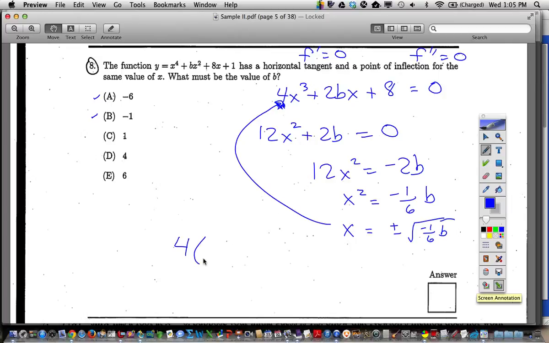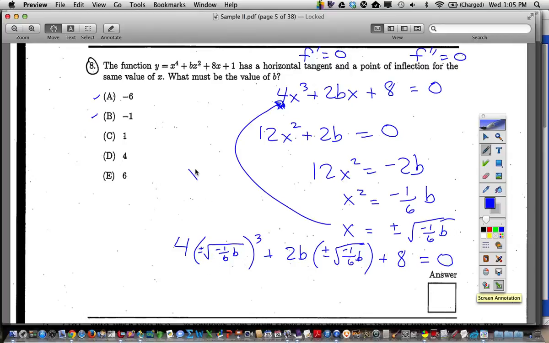So we get 4, then this thing cubed. I'm not going to worry about the plus or minus right now. I'm hoping something nice happens. Actually, I think it's good. And then plus 8 equals 0. So now what is this? If you cube a square root, what happens?